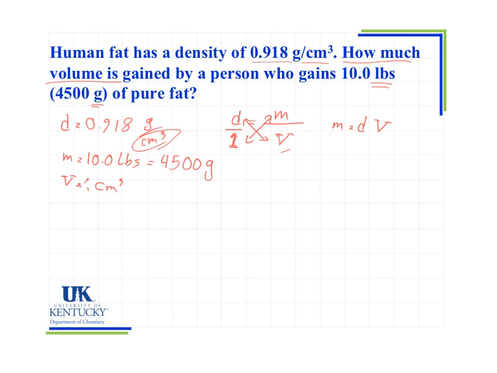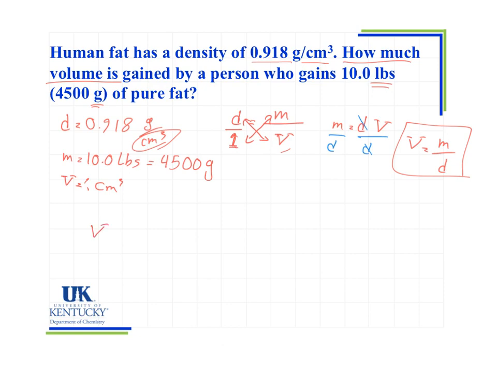If we divide both sides by d, you can cancel d, so v is m over d, right?